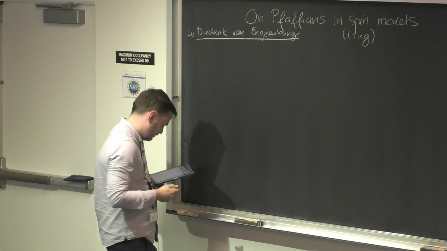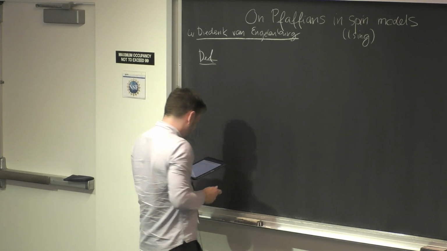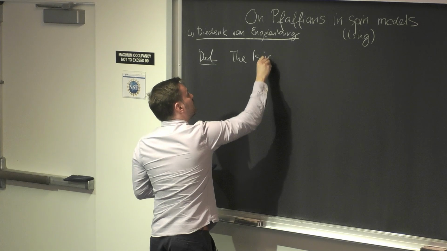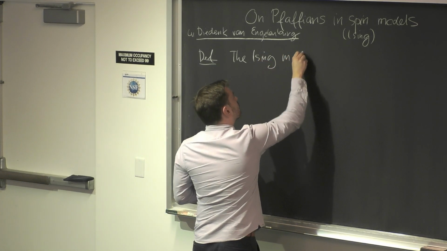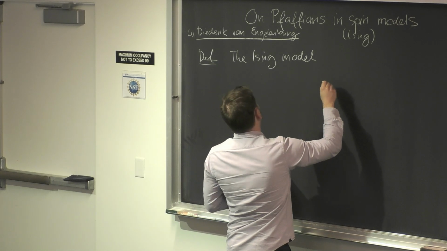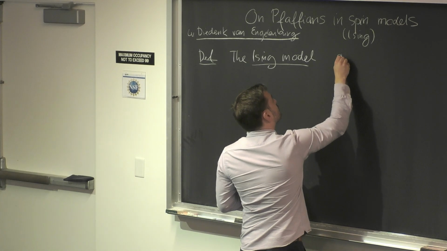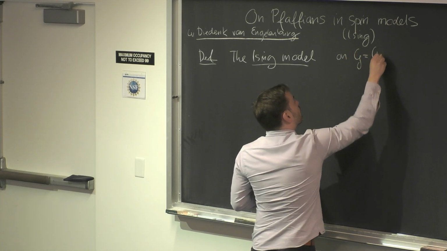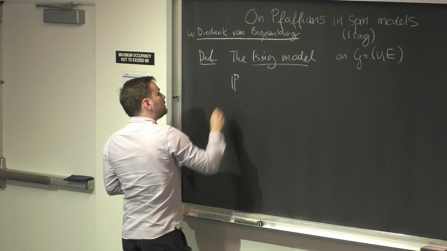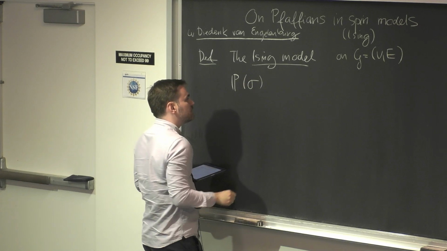OK, but let me start with some definitions. I talked about the Ising model 2 weeks ago, but let's define it again. It's a probability measure on a space of spin configurations on a finite graph, say connected. In this talk, I will just denote it with P, and the spin configuration is just sigma.